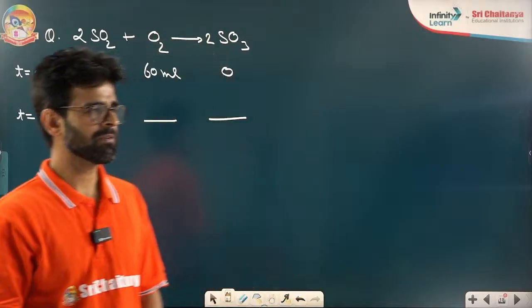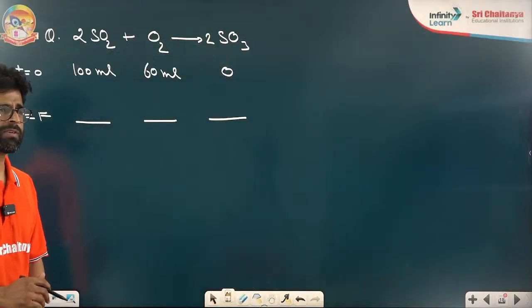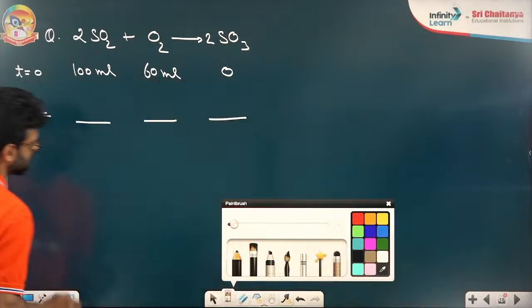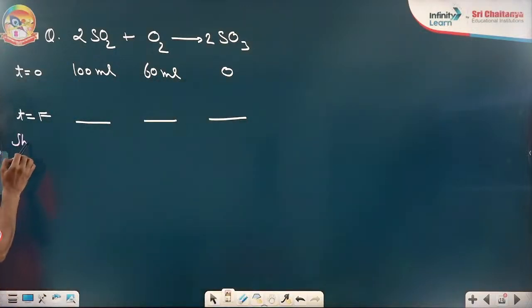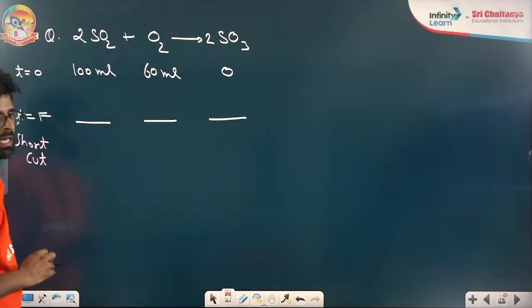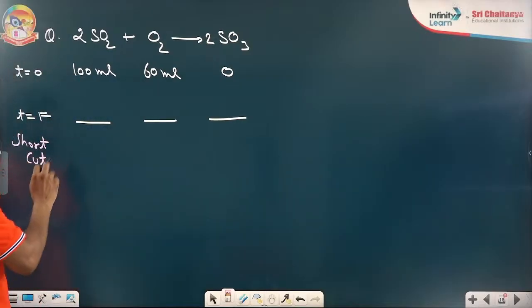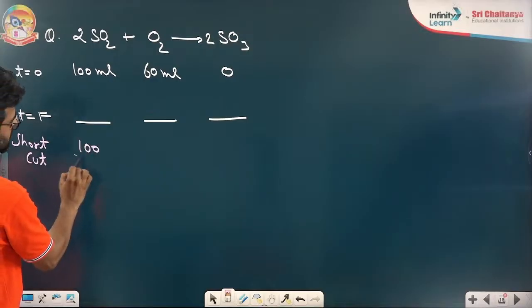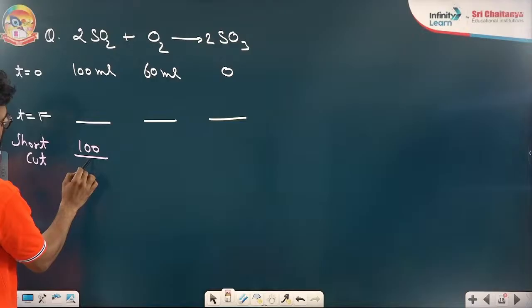Tell me fast. Apply the shortcut here. How do we find which one is the limiting reactant? Given volume divided by the stoichiometric coefficient: how much here? 2.